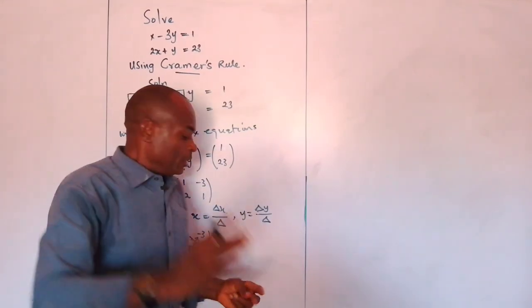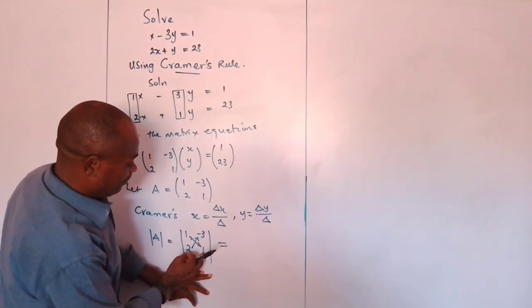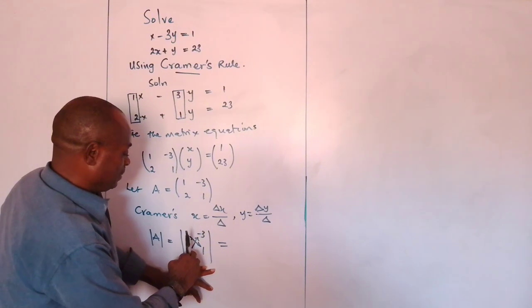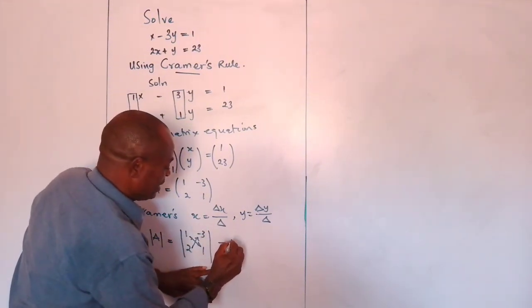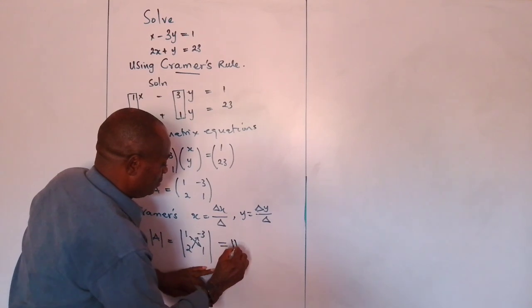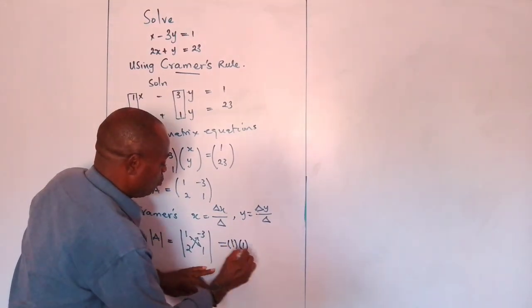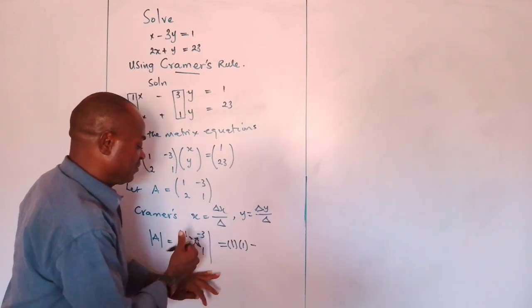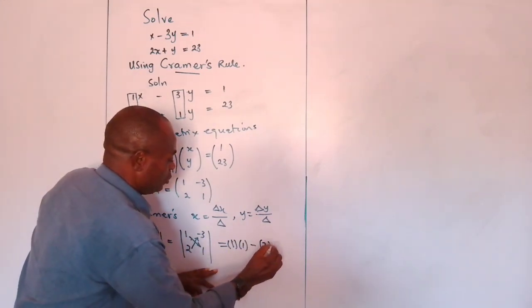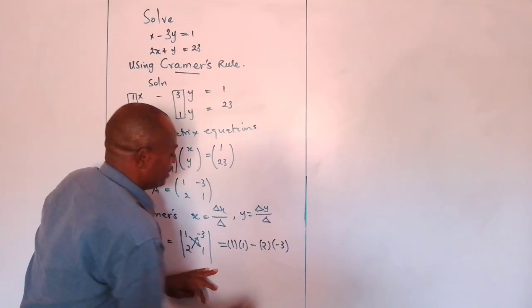So we have 1 multiplied by 1, then minus, finding the difference, 2 multiplying -3.